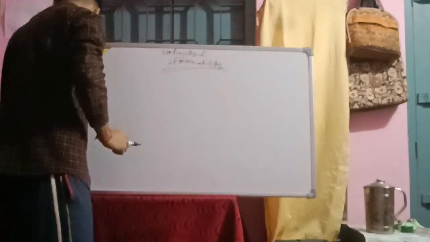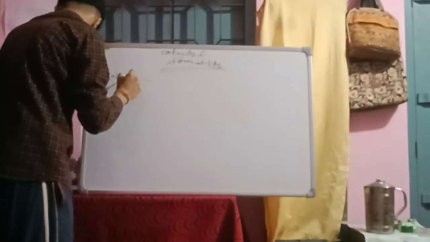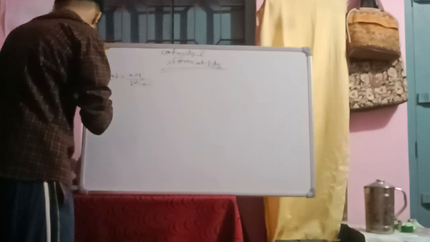Now let's try to solve a question. We have been asked to find the discontinuous points of this function. f of x is x plus 2 over 2x squared minus x minus 1.